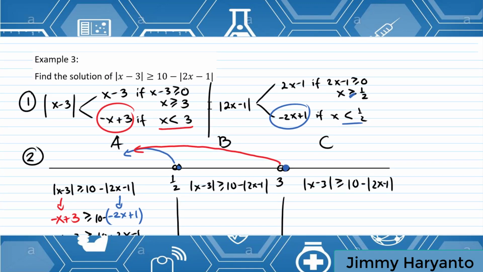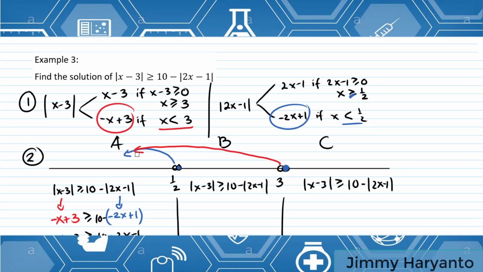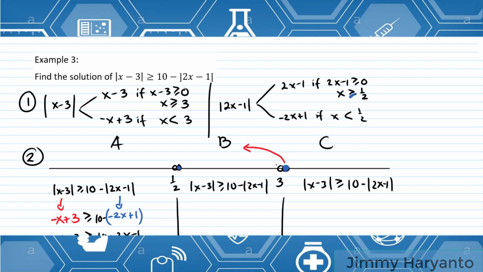For room B, I will erase this first. The first is x less than 3 because room B is at the left side of 3, so I have to choose x less than 3, negative x plus 3.